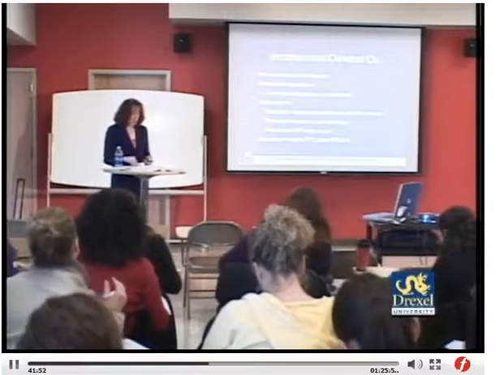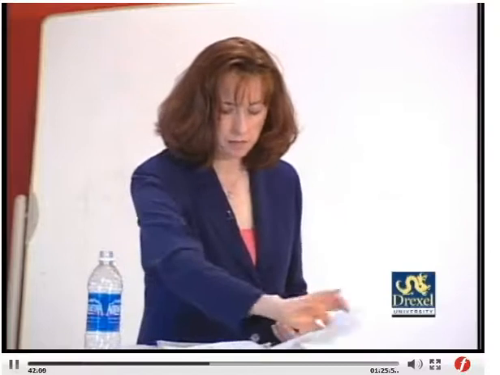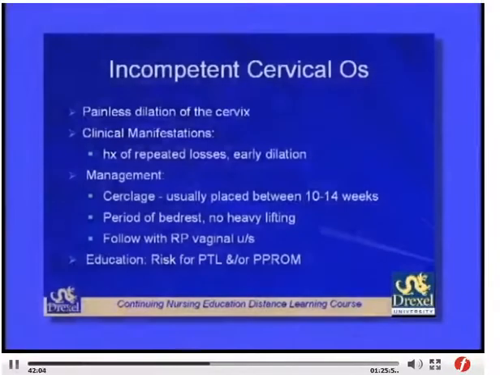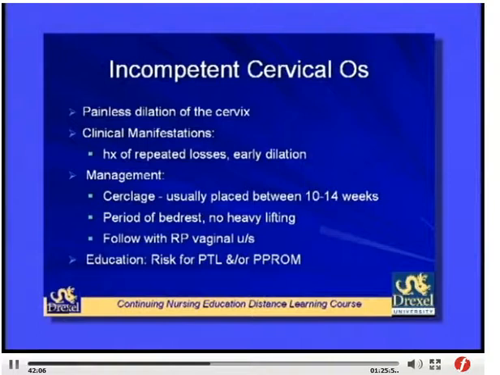The first one we're going to talk about is an incompetent cervical os. This is on page 550 of your book. With regards to definition, you're going to find it is the painless dilation of the cervix. So the woman doesn't necessarily know she's dilating. It's picked up with regards to an exam.